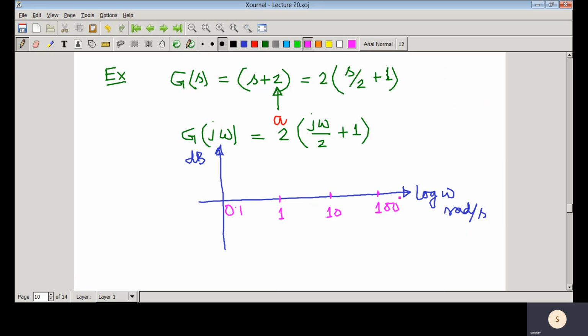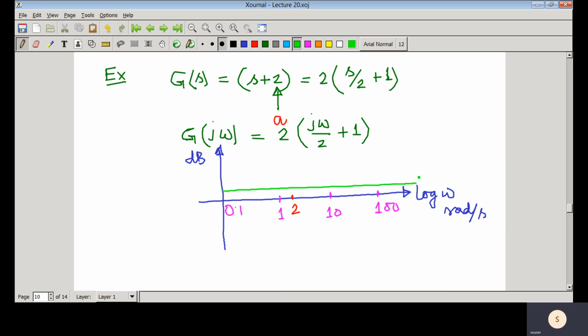As we know, the corner frequency is 2, so suppose this is the corner frequency 2, and this is in log scale, and 20 log 2, that means in low frequency. So one factor would be that 20 log of the magnitude, and then we would get one line, that is 6 dB.